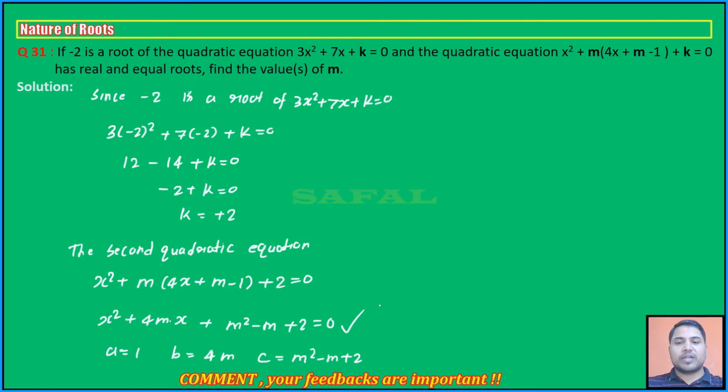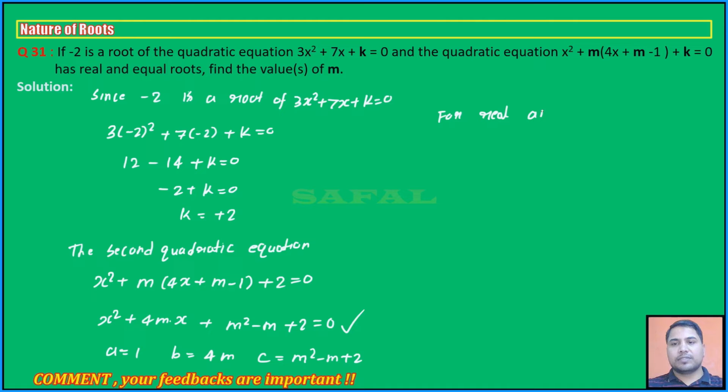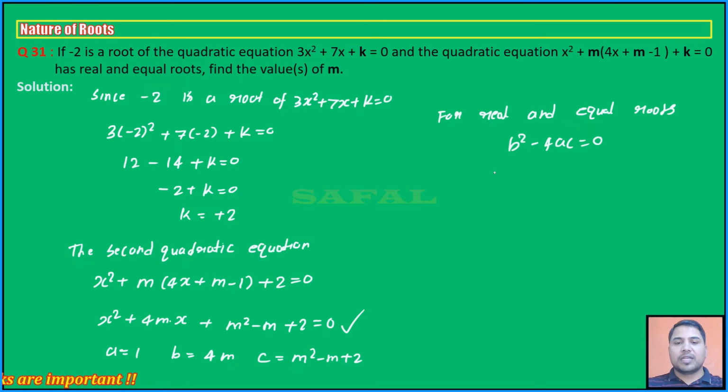Now this quadratic equation has real and equal roots. So we know that for real and equal roots, b square minus 4ac equals 0, correct? So b square minus 4ac equals 0. Now the value of b we have is 4m.